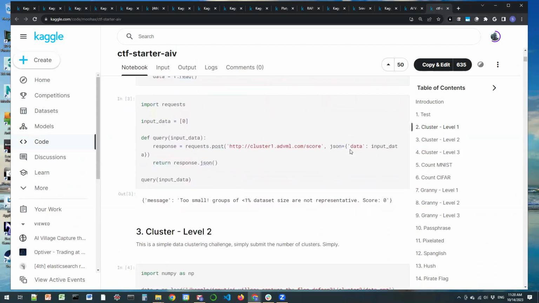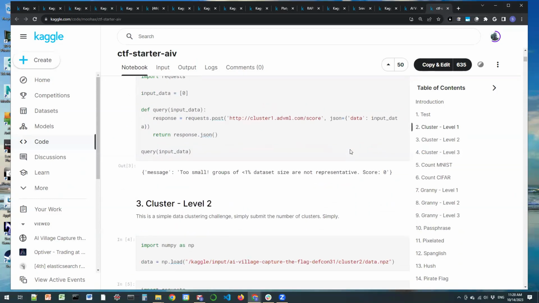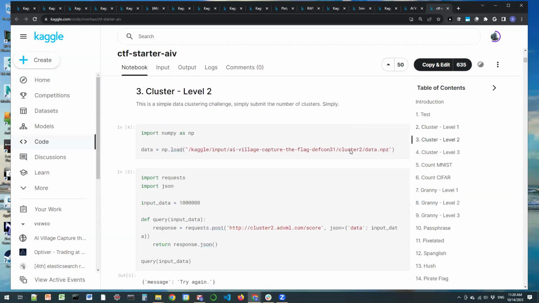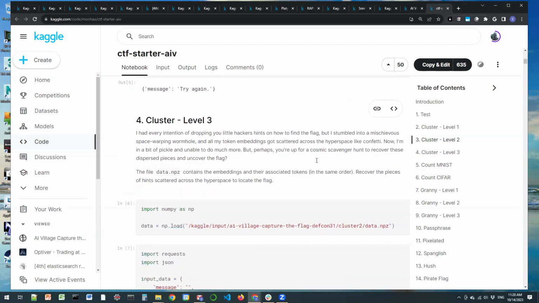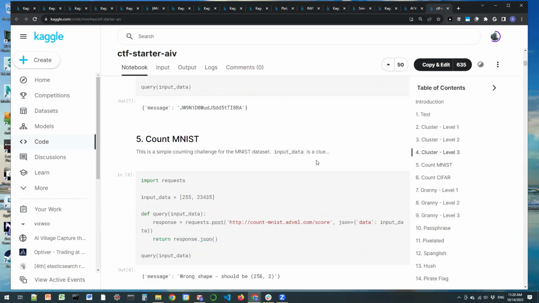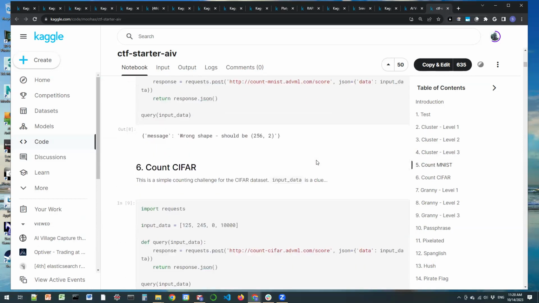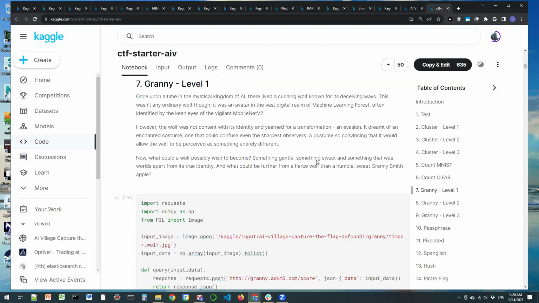One of them further down, I think it's Granny number 7, is about a wolf that's trying to disguise itself as a Granny Smith apple. You have to put an image into the function, and if your image is right, it'll pop out the key.